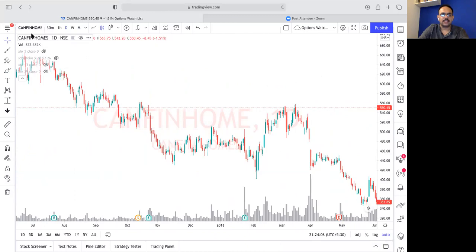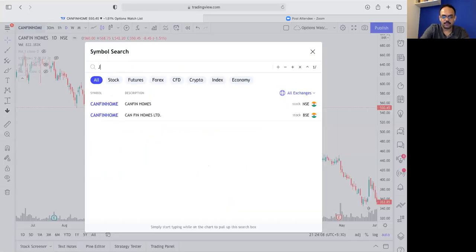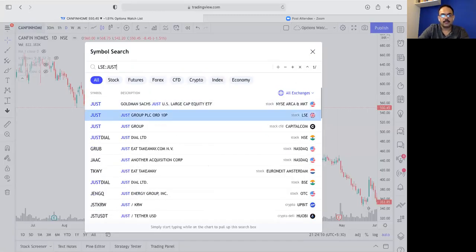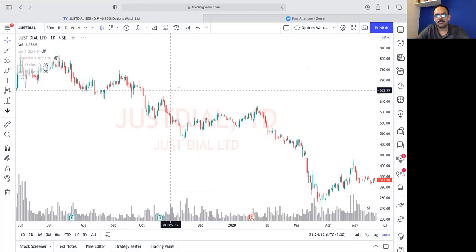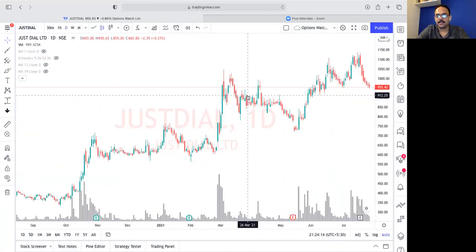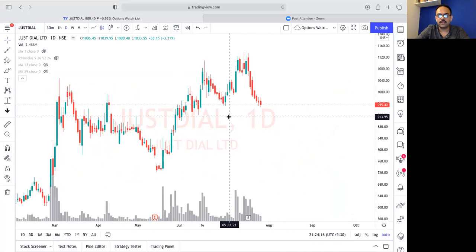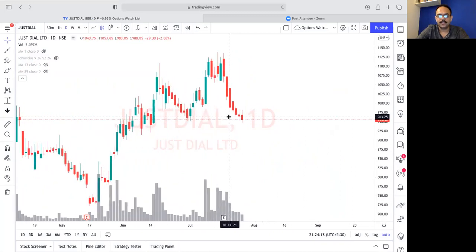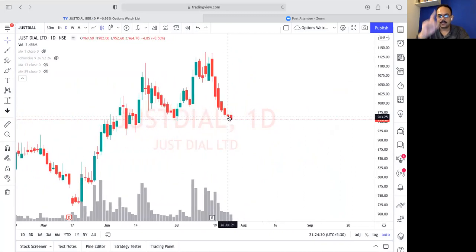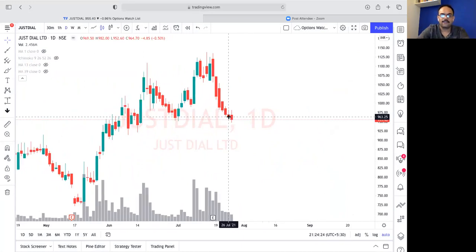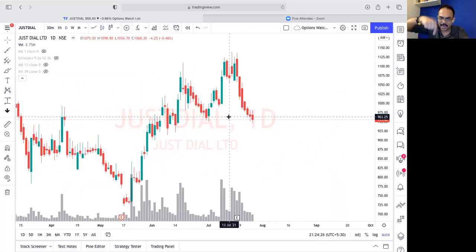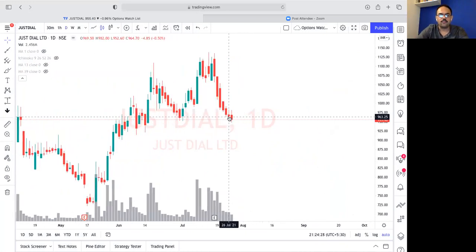Now, a task for everyone who is here. Just as we have seen 2 examples, now this is how you get ready. This is the Just Dial chart as of today.